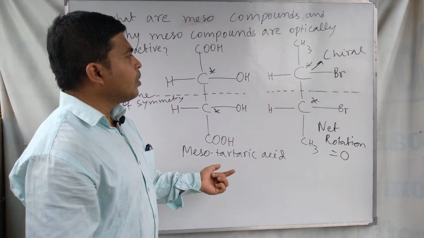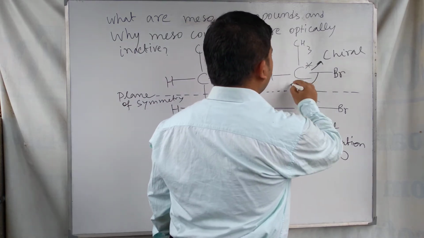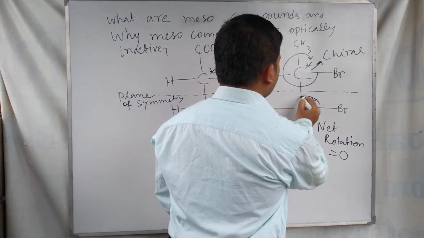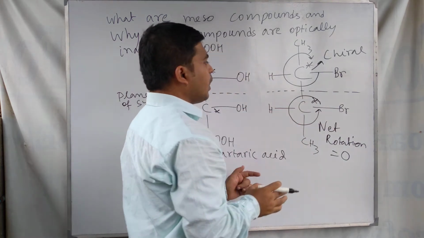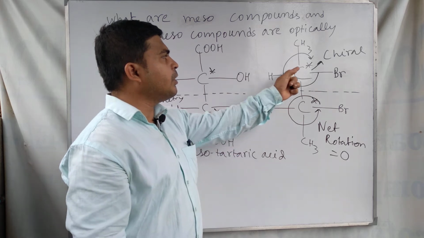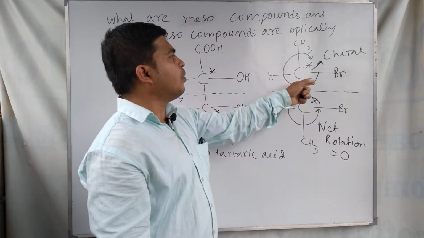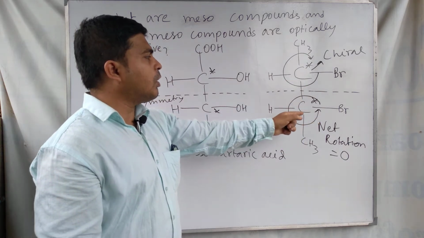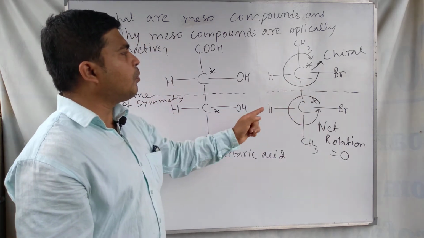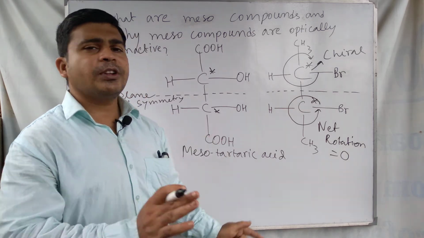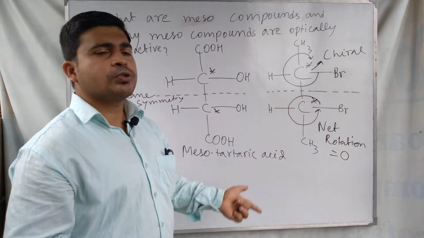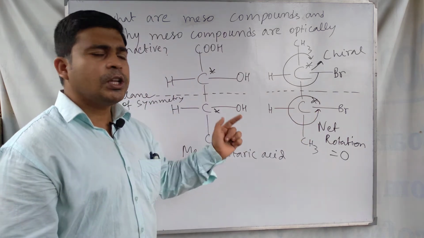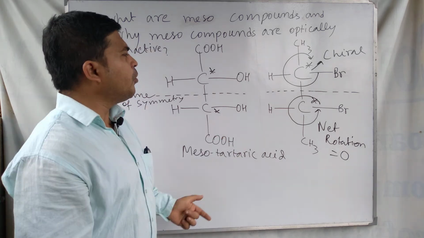The upper part rotates the plane of polarized light by the same magnitude as the lower part, but in the opposite direction. For this reason the overall rotation becomes 0, meaning no net rotation.